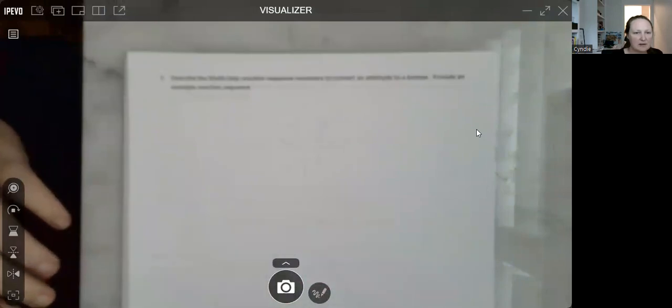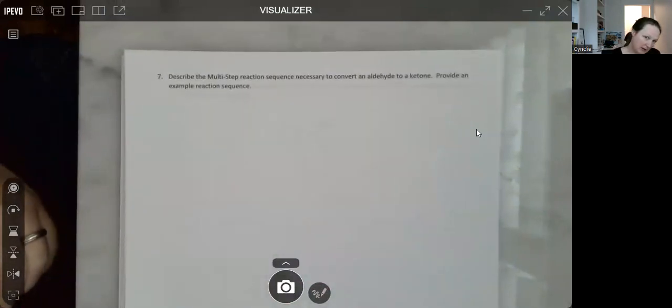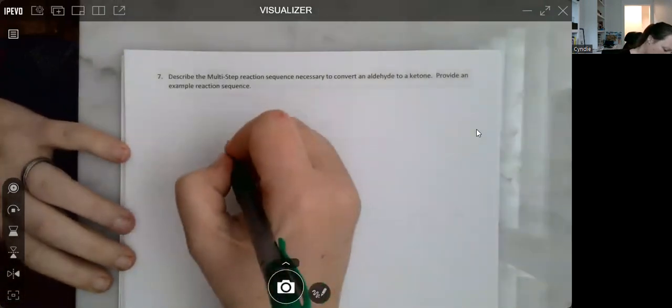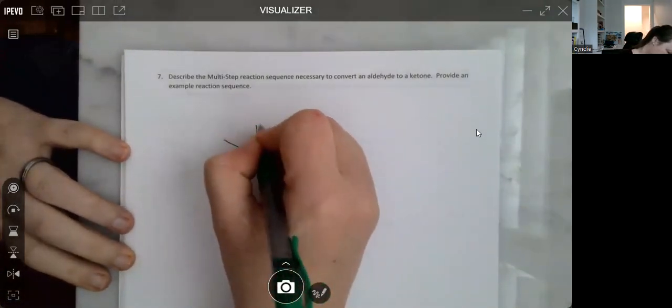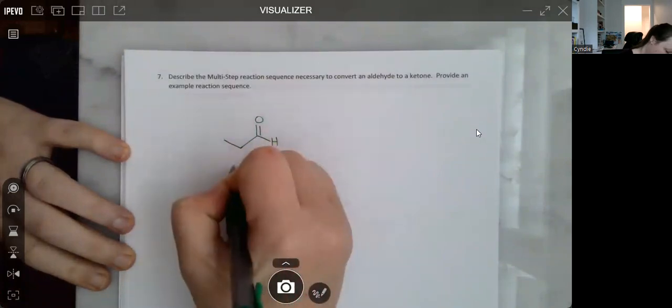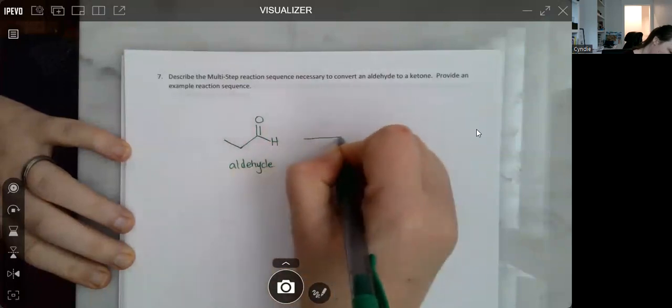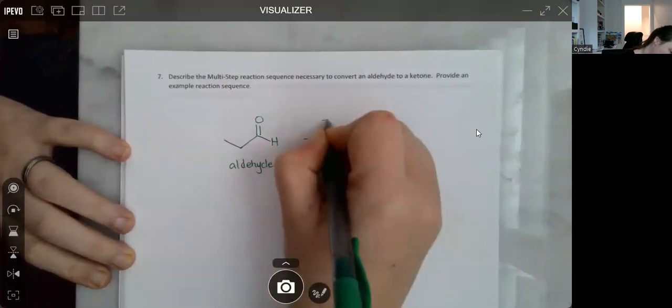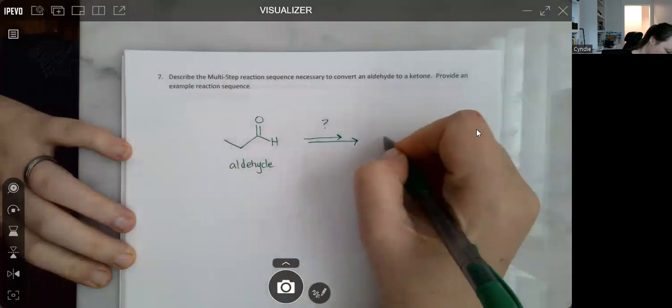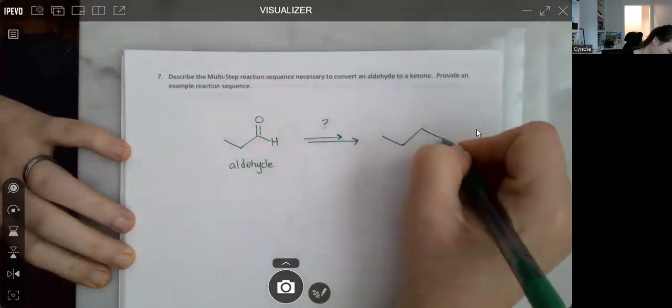Looking at the next question, describe the multi-step reaction sequence necessary to convert an aldehyde to a ketone. Provide an example reaction sequence. Okay, so we want to think about how would we convert an aldehyde, through multiple steps, into some sort of ketone, right?